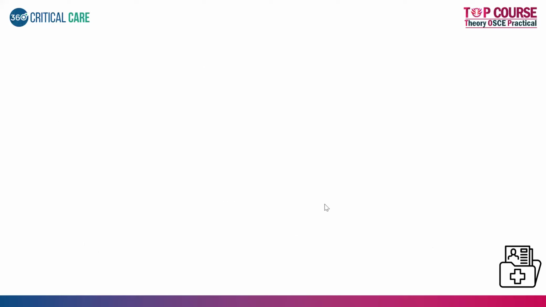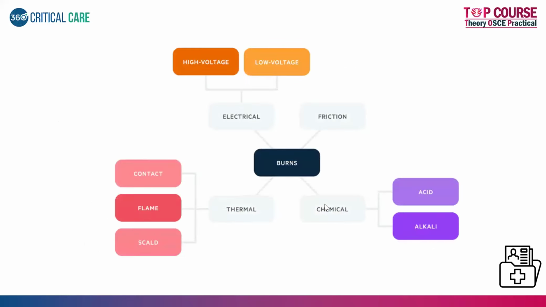Coming to the commonest classification, that is the etiological classification of burn. Based on etiology, it can be classified as a thermal burn, an electrical burn, a frictional type of burn, a rub, or a chemical burn. In the thermal type of burn, it can be either a contact injury like a hot surface or a hot plate, flame injuries, or scald injuries owing to hot liquids.